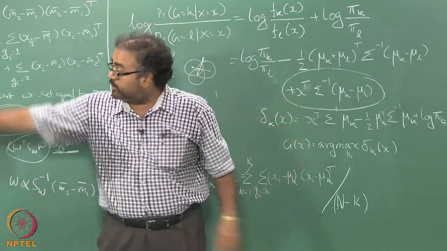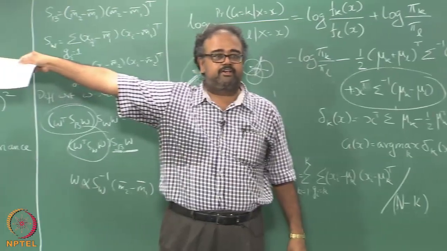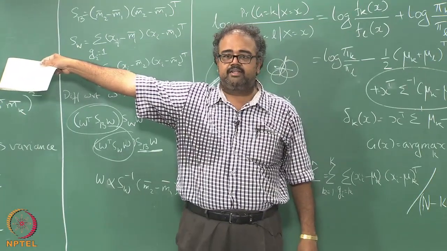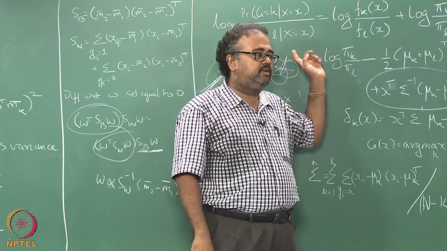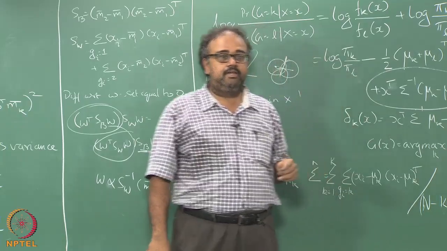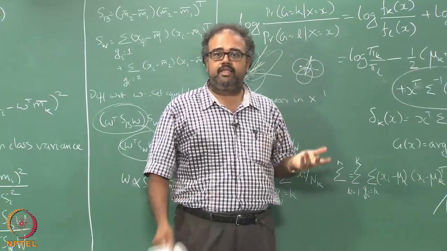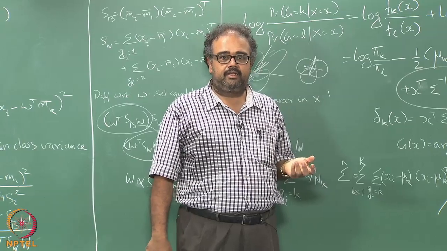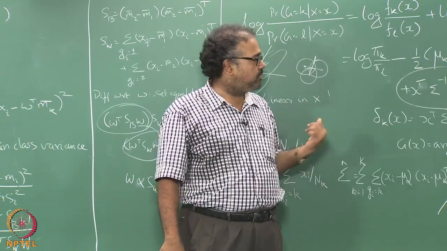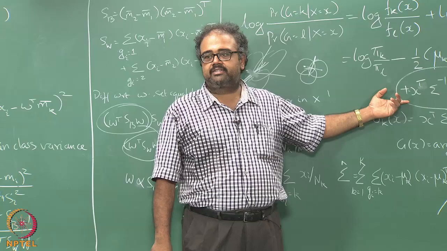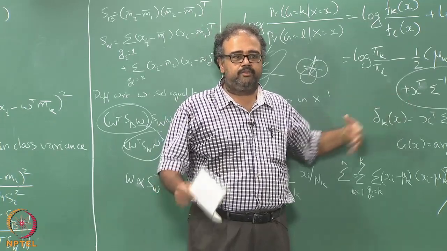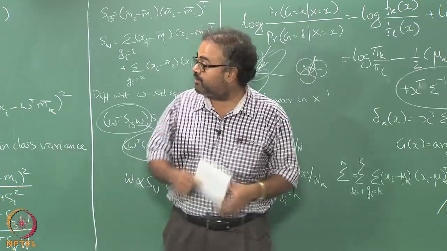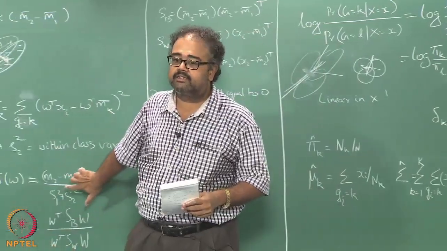So whether you do it this way, starting with between class variance and within class variance as your objective function, or you start off by saying that your class condition density is Gaussian and then you try to find the separating hyperplane, in both cases you end up with the same direction modulo some scaling factors, right. So you can use either motivation for deriving it, but what is the nice thing about this motivation?